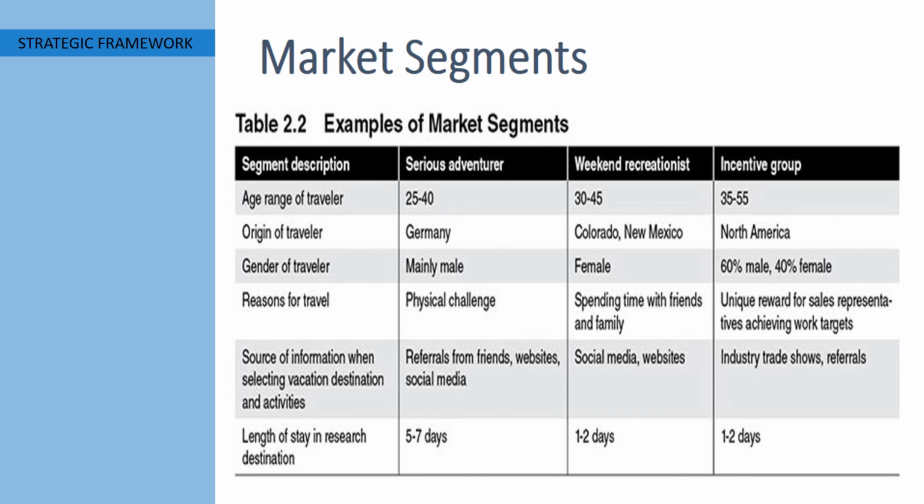Then you look at the age range of traveller: for the serious adventurer maybe 25 to 40, weekend receptionist 30 to 45, incentive group 30 to 55. Origin of traveller. Gender of traveller, mainly male, mainly female, 60% male, 40% female. Reasons for travel.